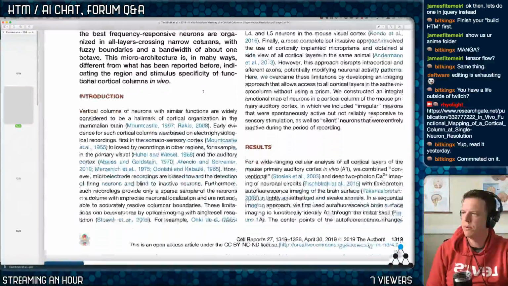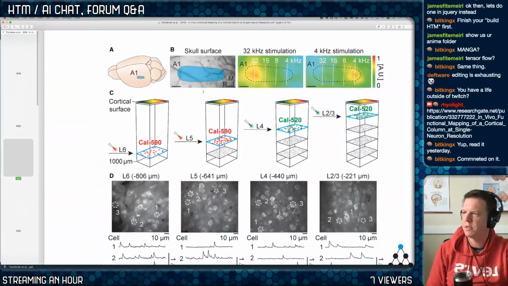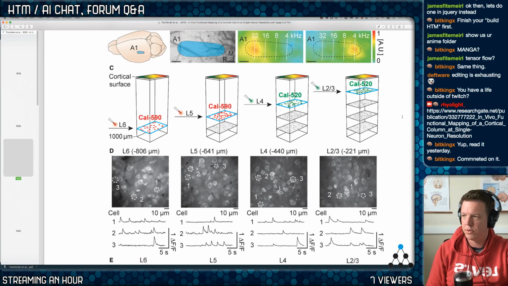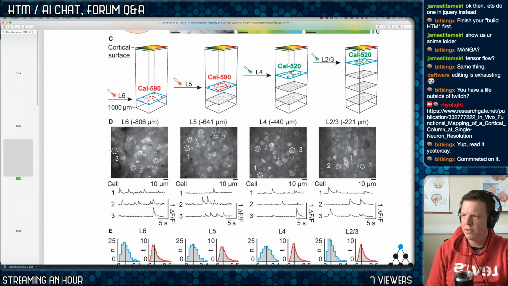So I read through this. Let's go to the graphics, because I don't completely understand calcium imaging, but I know it's a way that you can get, I think, voltage, and I think that's what we're showing here: actual voltage spikes of individual cells, 3 individual cells in one layer, this being L5, and the same thing over here.